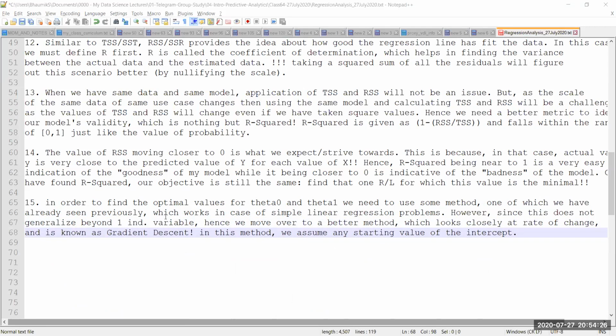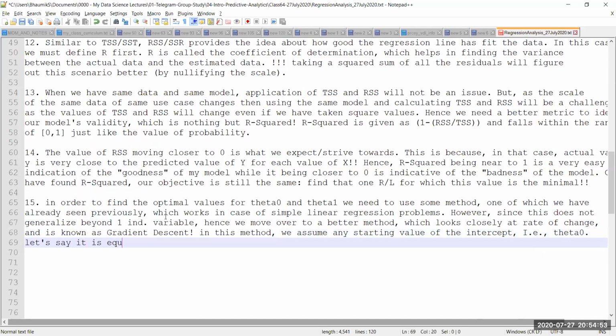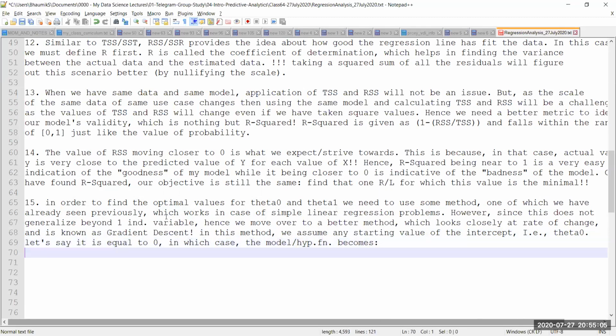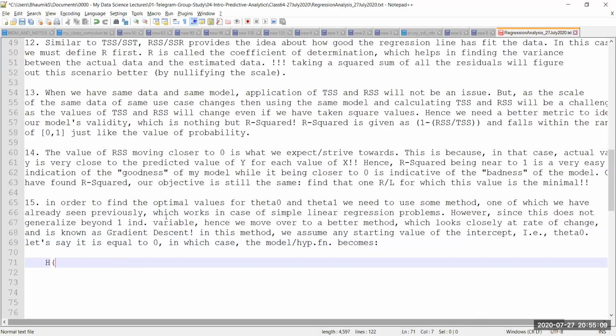If you remember in the last session, we assumed an initial value of the intercept, and we said that let's say our value of theta 0 is equal to 0, in which case the model or hypothesis function becomes h of theta for x is equal to theta 0 plus theta 1 multiplied by x.